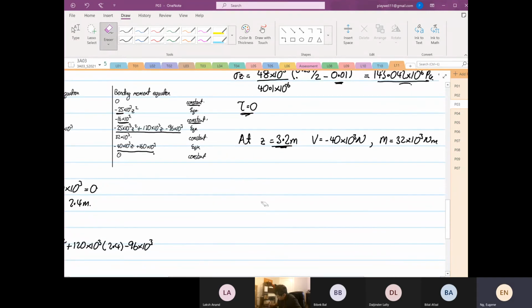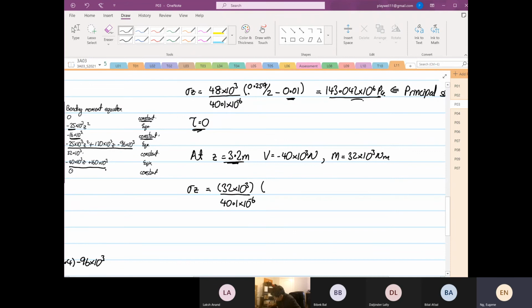So the normal stress in the Z direction. The moment now has been moved to 32 times 10 to the power 3 divided by 40.1 times 10 to the power minus 6, multiplied by 0.259 over 2 minus 0.01.